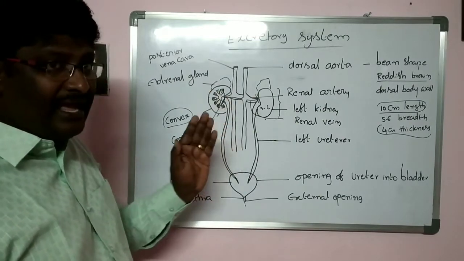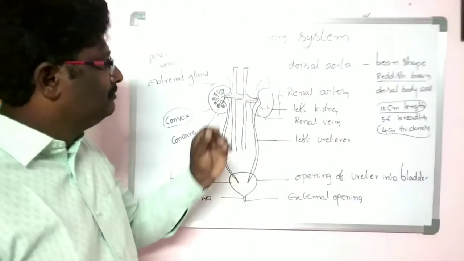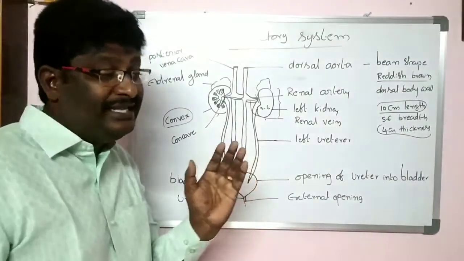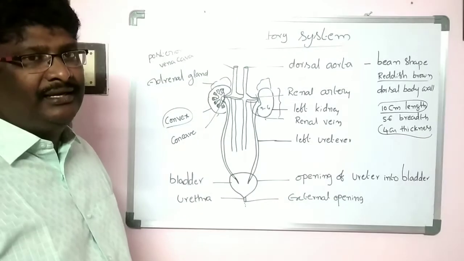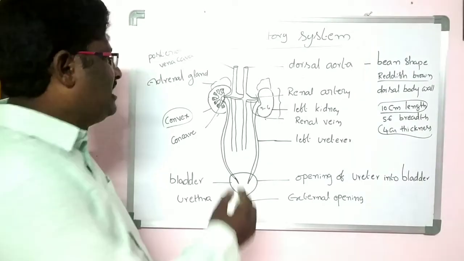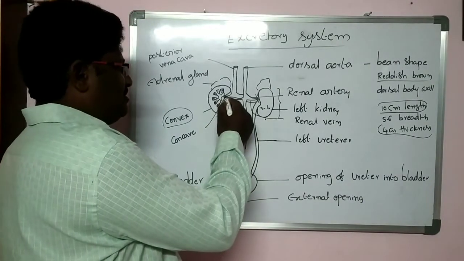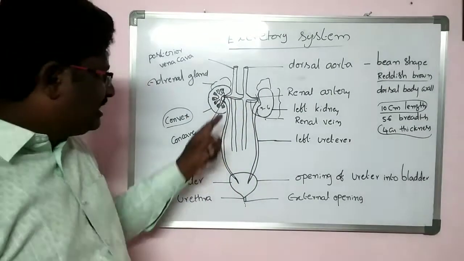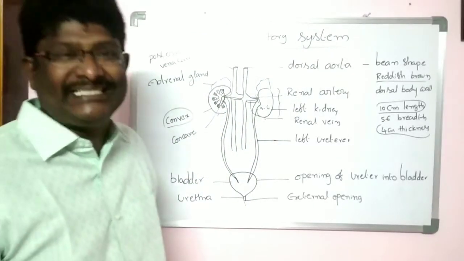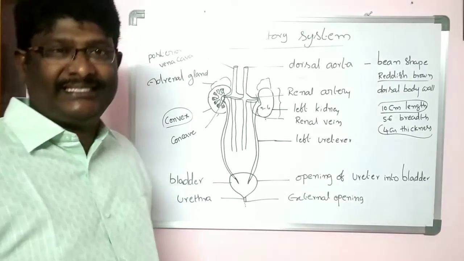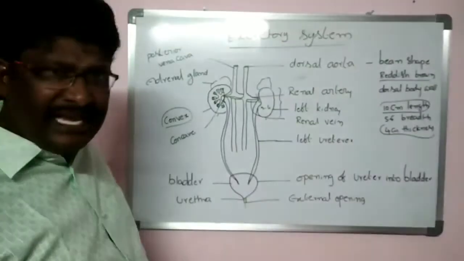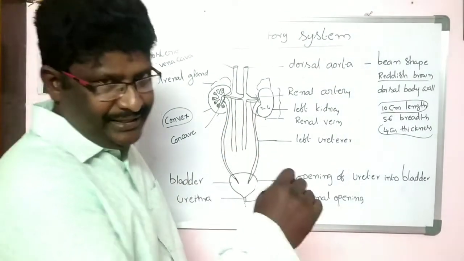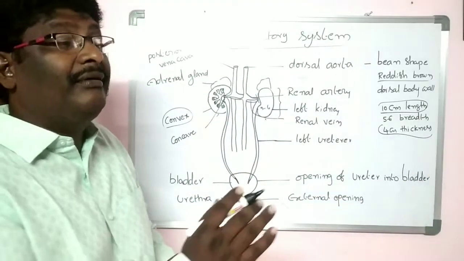The veins exit from the kidney. Do you know where they enter and where they come out? Already I told you, there is a concave shape. The concave shape is called the hilus. From this hilus only, the arteries enter and the veins exit.